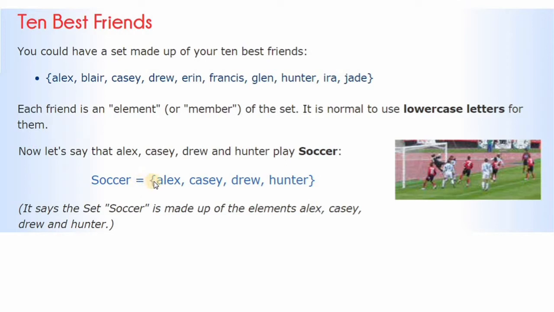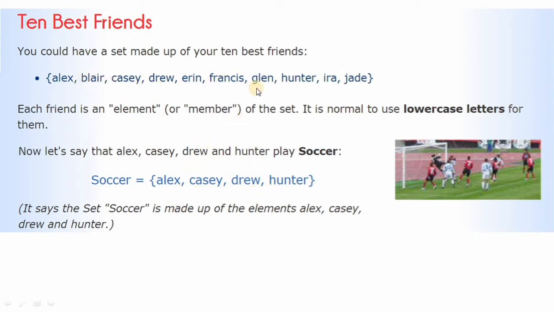Within this set, the elements are the friends who play soccer. So the set soccer is made up of the elements Alex, Cassie, Drew, and Hunter. Now you are quite familiar with this. Among 10, only 4 are playing this, right?